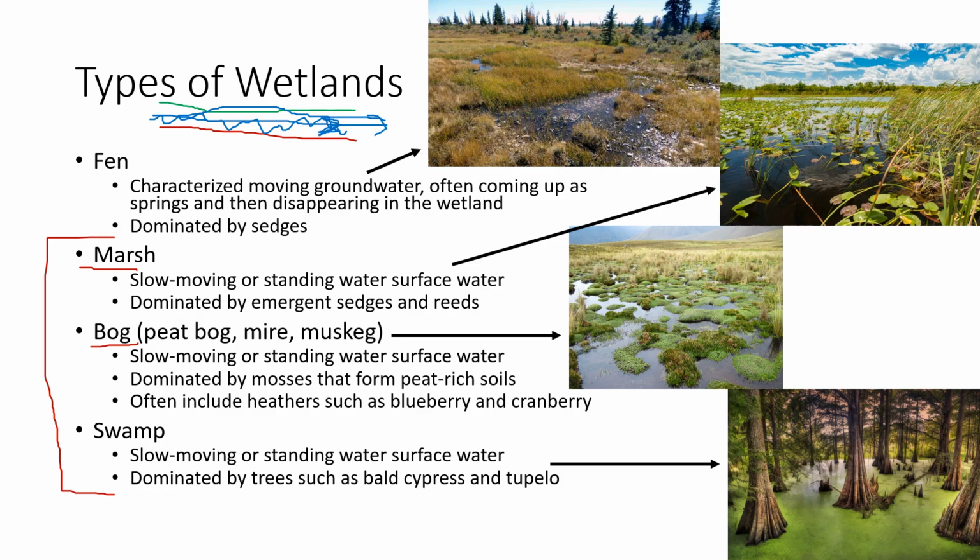But a bog, also known as a peat bog, a mire, or a muskeg, if you're talking about the ones in the Arctic or in the boreal regions, they are dominated by mosses, and those mosses create peat-rich soils, which we'll talk about in a little bit. And they can also include some shrubs like heathers, including blueberries and cranberries, and the heath of the Scottish heathlands. Swamps, these are dominated by trees, so cypress, tupelo, stuff like that.